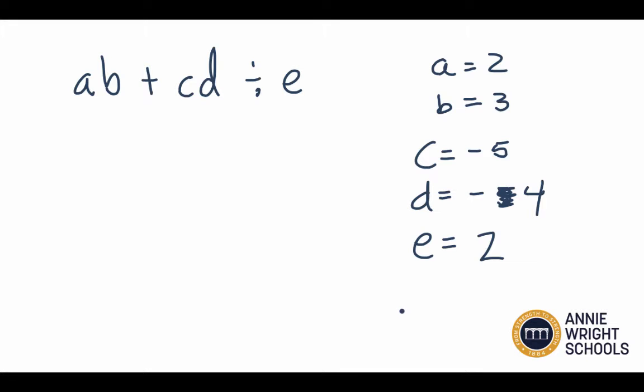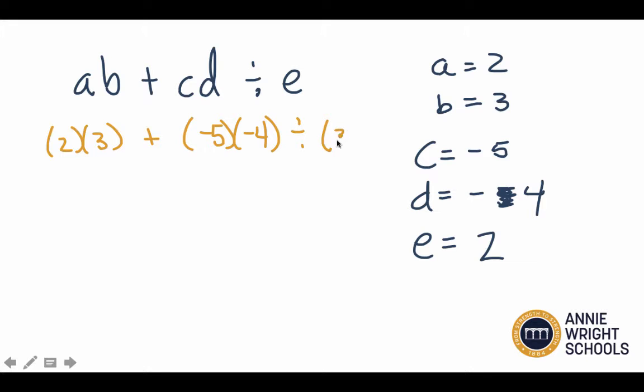All right, so how are we going to do this problem? We're going to substitute everything in parentheses, and we're going to do this carefully. Once we get everything substituted, we're then going to look at the order of operations. Parentheses: there's nothing to do inside those parentheses, which is good.